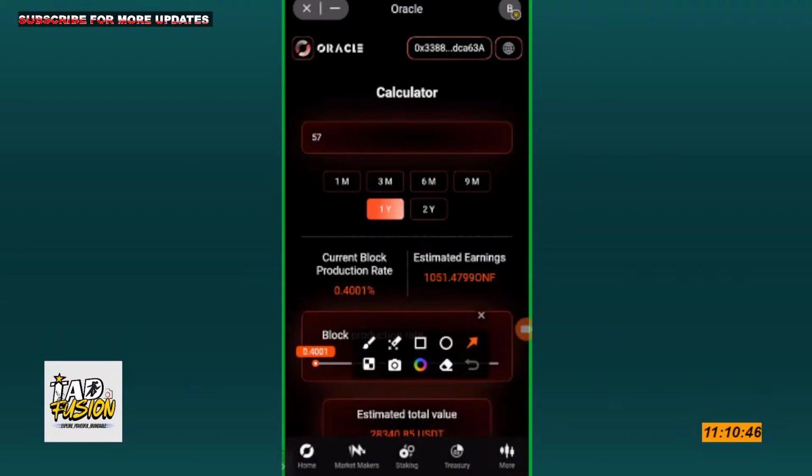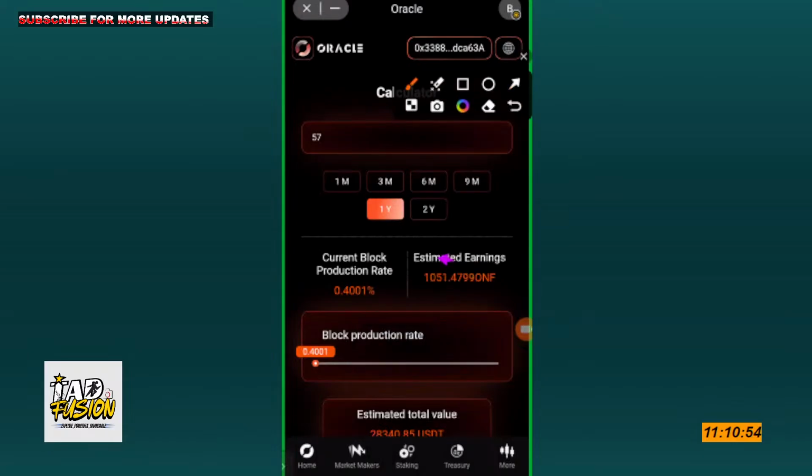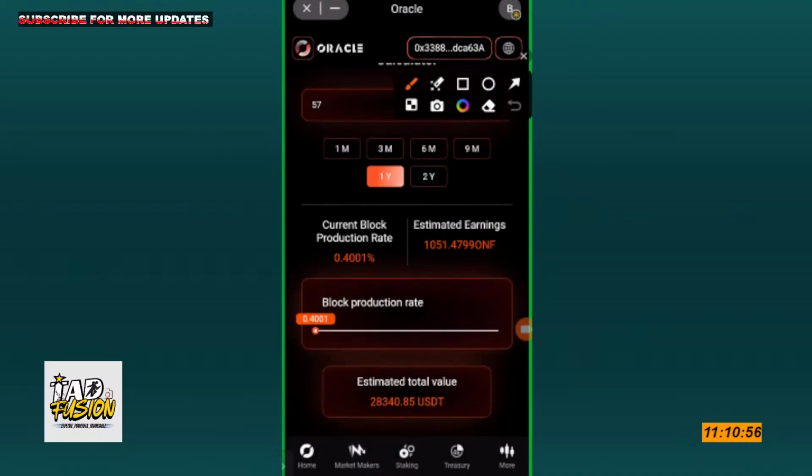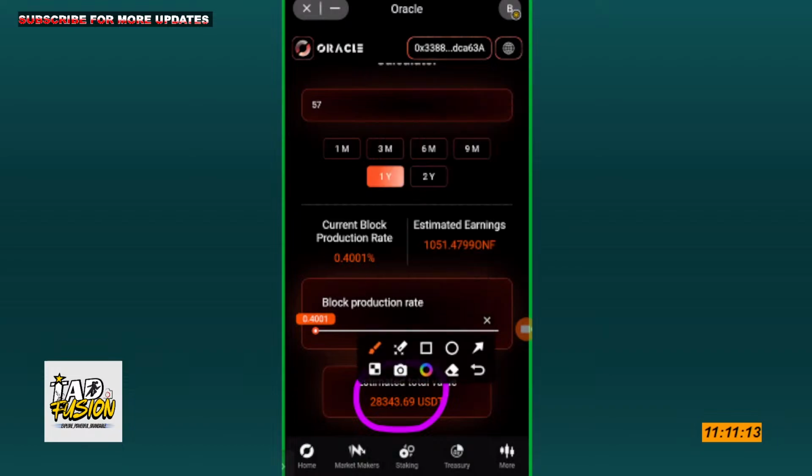In 1 year, you are going to have 1,051 tokens. The 1,051 tokens are estimated to give you $2,834.